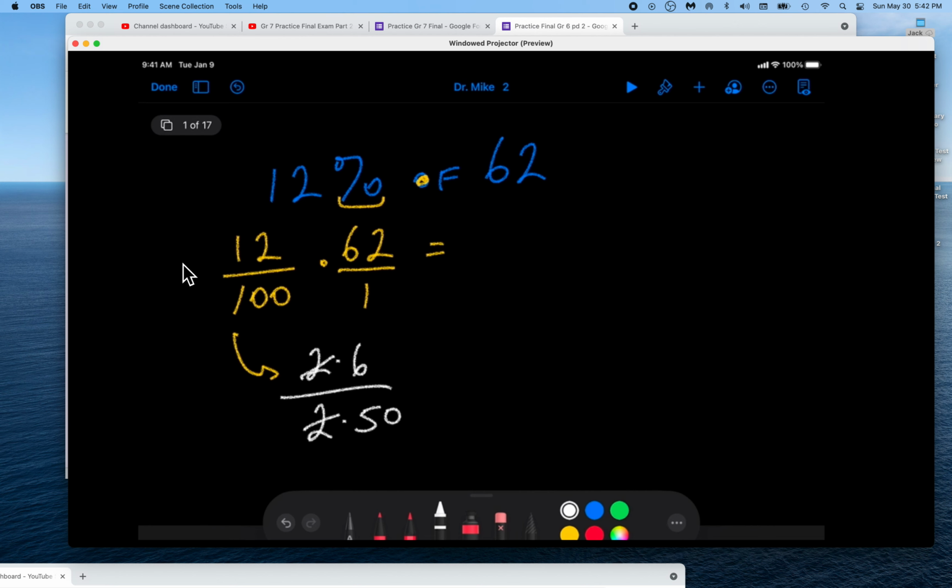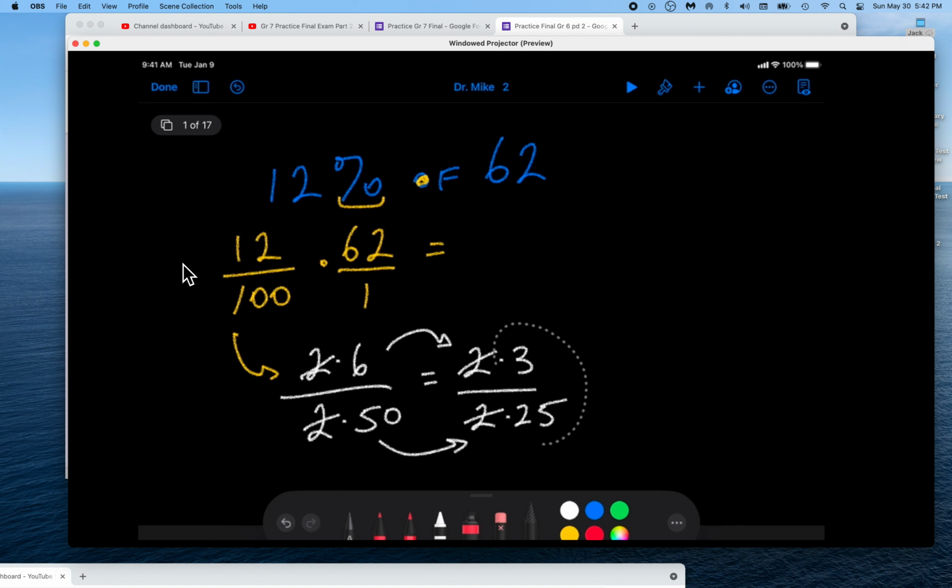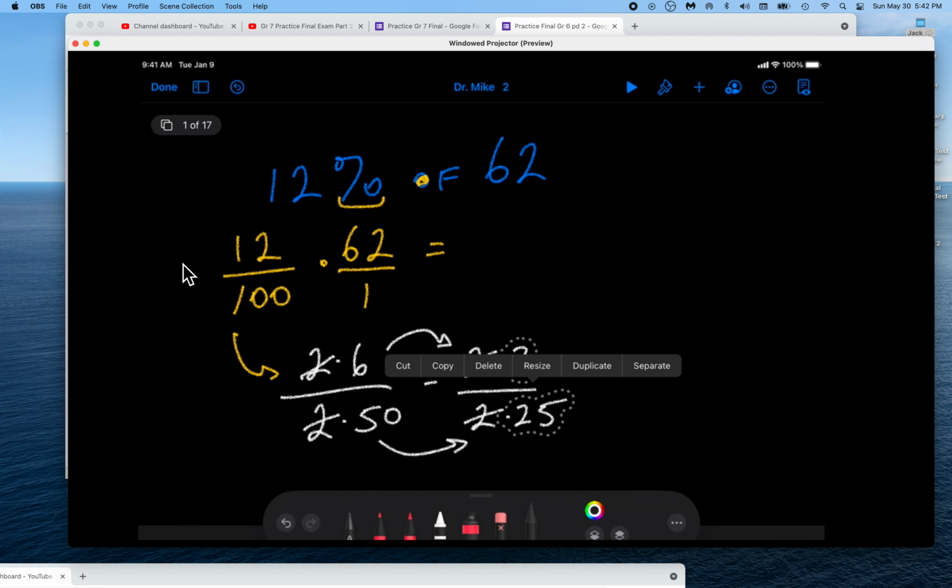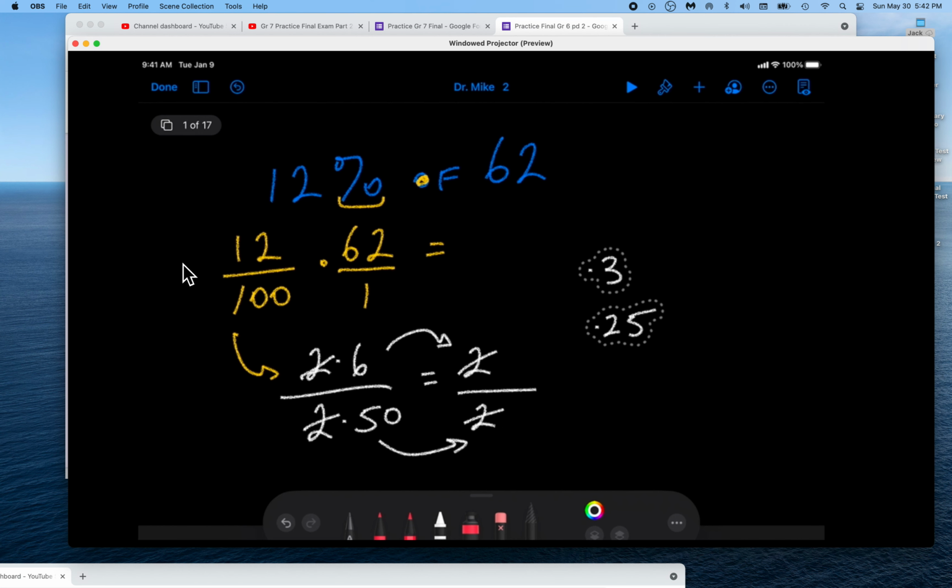That crosses out. 6 can be reduced to 2 times 3. 50 can be reduced to 2 times 25. So now you get 3 over 25. I'll take that. I'm going to take 3 over 25.